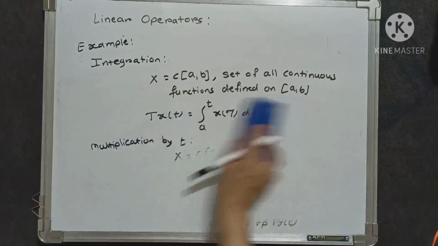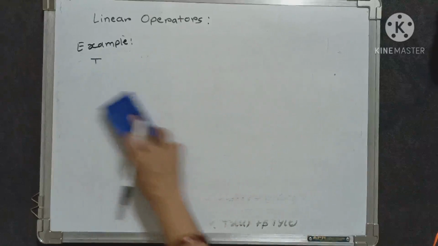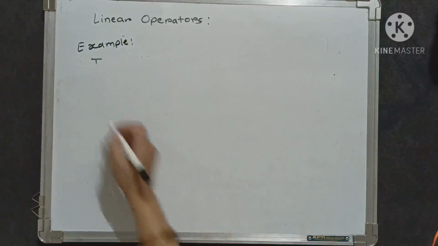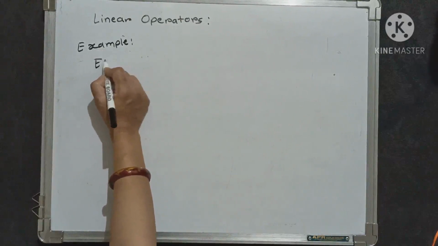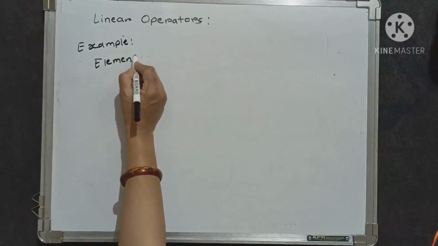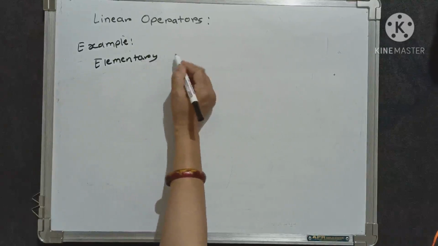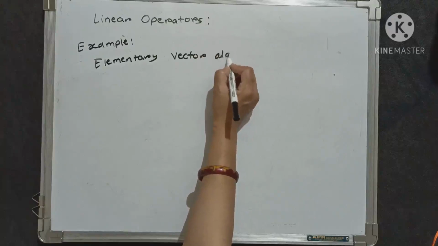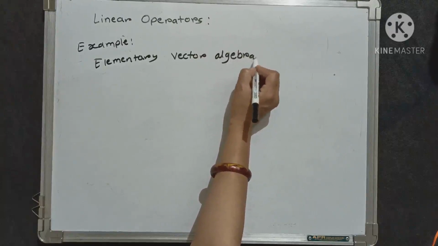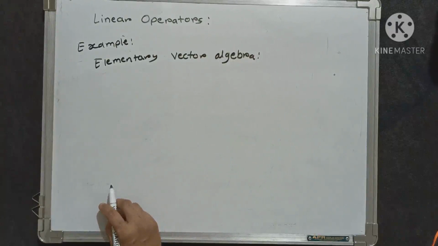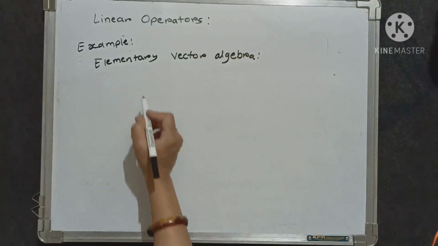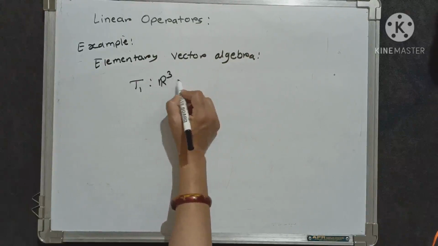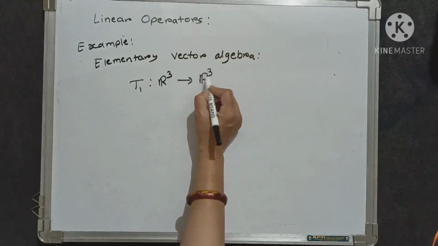Now we see another example in case of elementary vector algebra. Here we take the mapping T1 from R3 to R3.